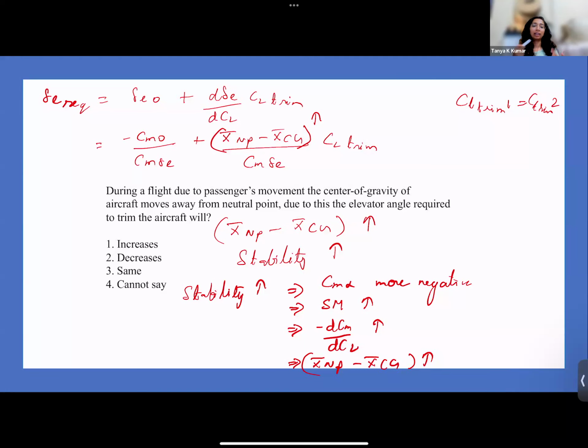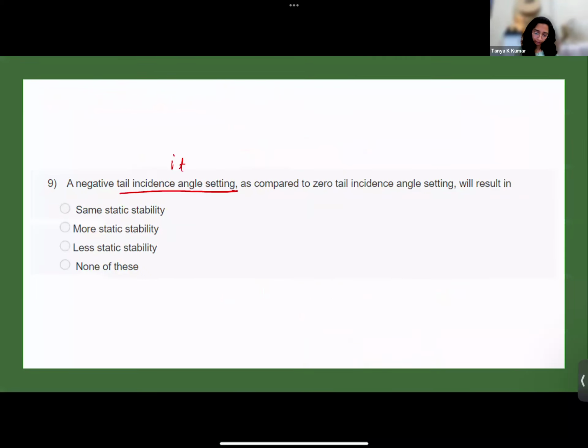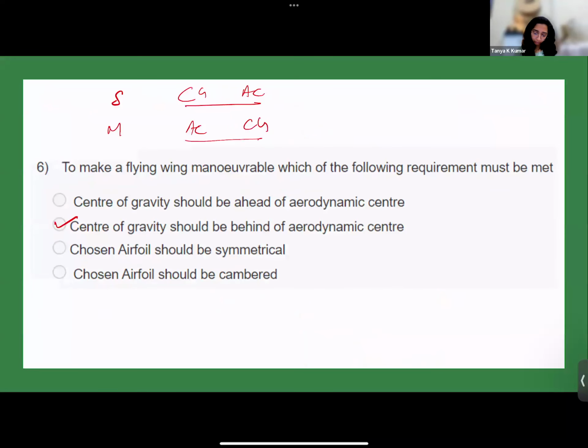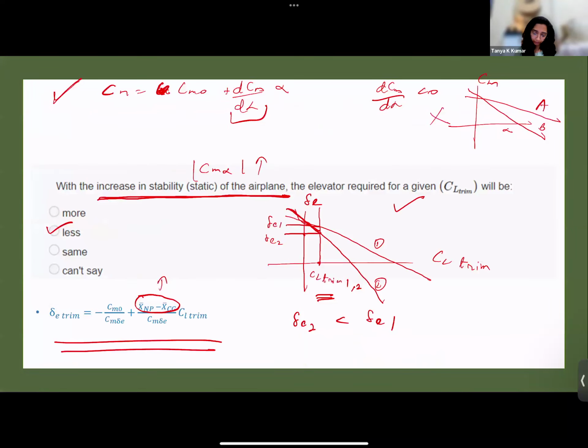That is, if the aircraft stability increases, the elevator required to trim the aircraft at the same CL, will it increase or decrease? Previous question that we had seen, right? So it's very similar to that. With the increase in stability, elevator required for given CL trim will be.